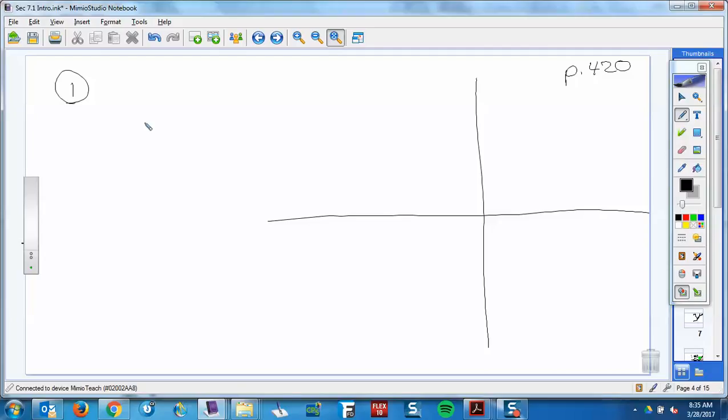All right. So number 1 says, let R be the region between the curves y equals x and y equals x squared. Okay, so y equals x is just going to be a line, 45 degrees right through here. So let's just do the best we can. And then, so that's y equals x, right? And then we've got y equals x squared. So let's do a parabola.